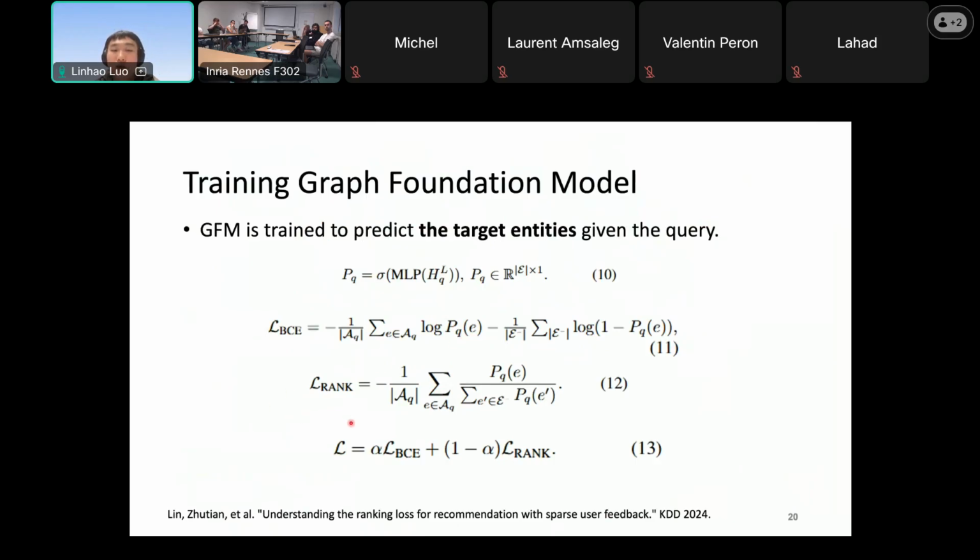The second one is because we only have very few entities in the knowledge graph that are considered as targets. To avoid the gradient vanishing problem, we also utilize a ranking loss to improve the performance of predicting the target entities.